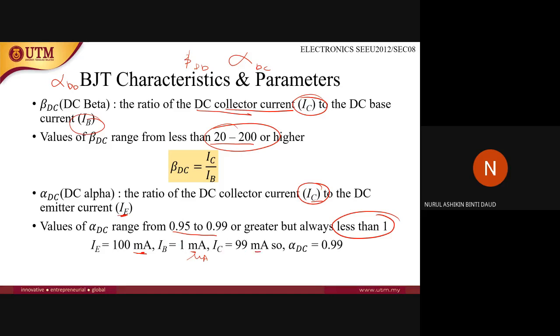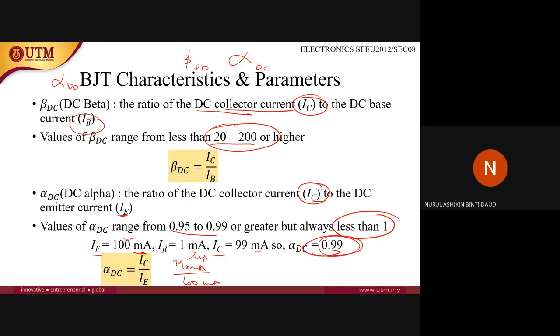So if you see like this, since the formula is IC, the current from the collector, divided by the current from the emitter, it will give you 99 milliampere divided by 100 milliampere, which is around 0.99. So this is the maximum value for the currents for emitter, base, and collector. So it will not be more than 0.99.